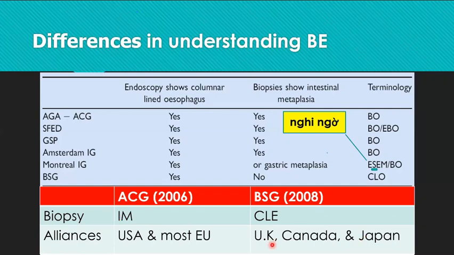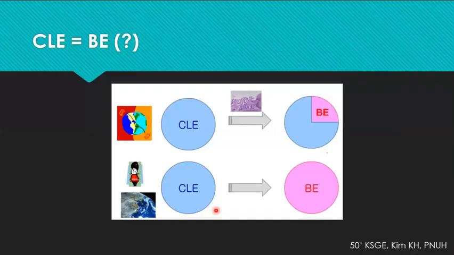So simply said, the UK and Japan say columnar-lined epithelium is almost, or in Japan 100%, equivalent to Barrett esophagus. However, America and most parts of European countries say no, we need proof, which is intestinal metaplasia or specialized intestinal metaplasia, in order to get a proper diagnosis of Barrett esophagus.